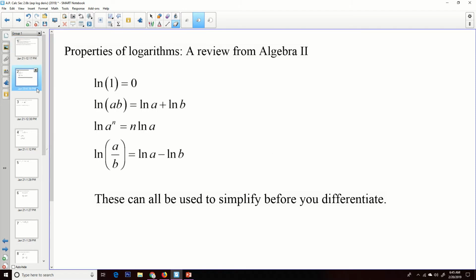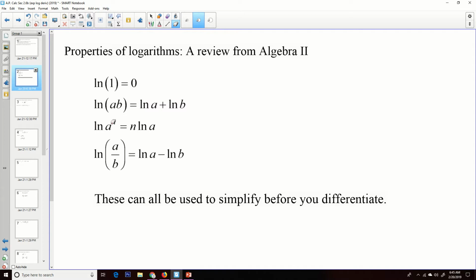And so just some quick review from Algebra 2. Again, I'm going to go over this real quick, but if you have any questions over any of this stuff, we can talk about it in class. The ln of 1 is 0. The ln of the product of two functions a and b is equal to the sum of the individual logarithms.